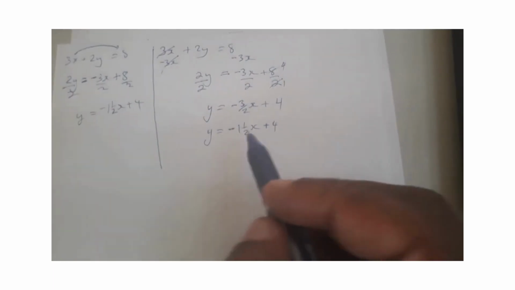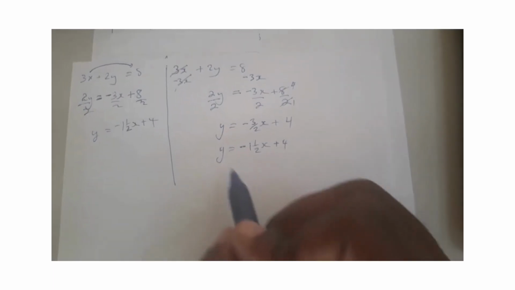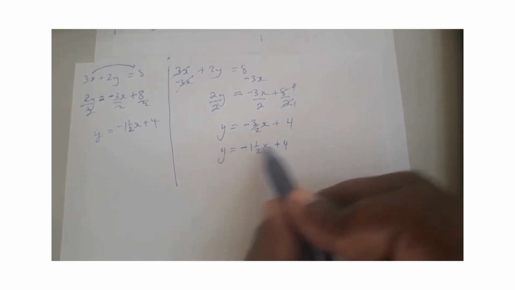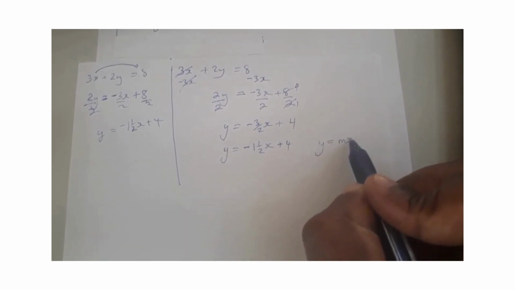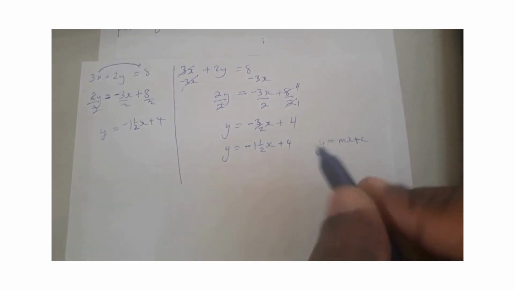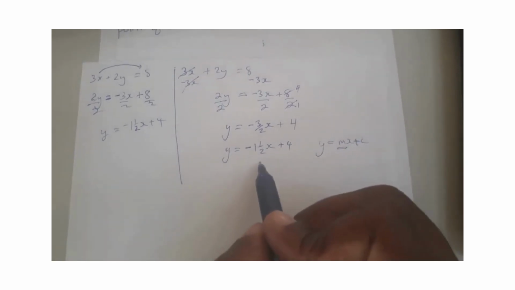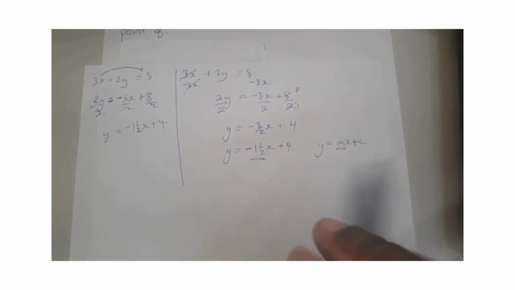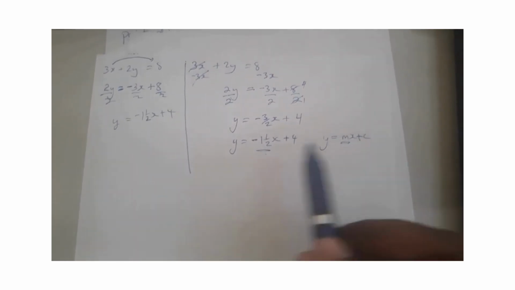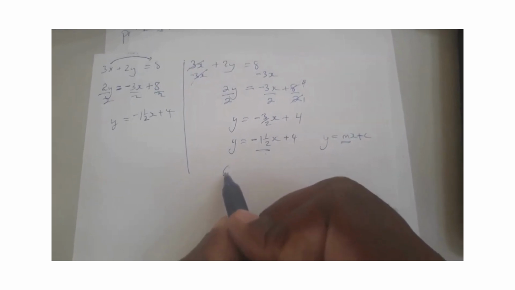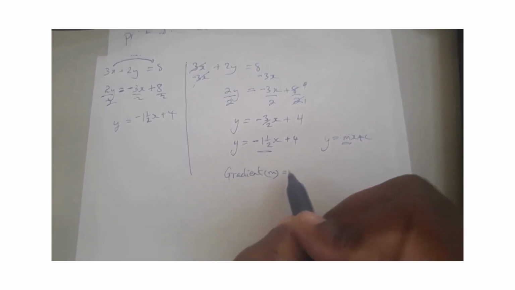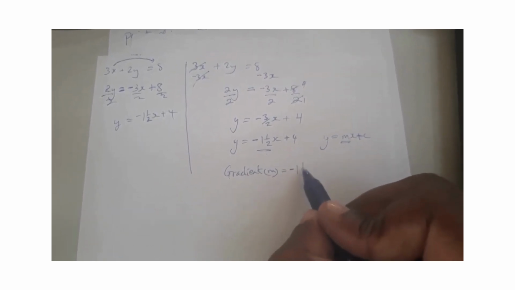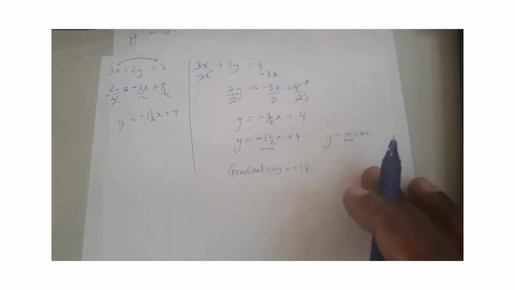So going back to this, we can actually equate this equation to the form y equals mx plus c. And we can clearly see that our m value is negative 1.5, that number that multiplies x. So our gradient is negative 1.5, or negative 3/2 is fine.